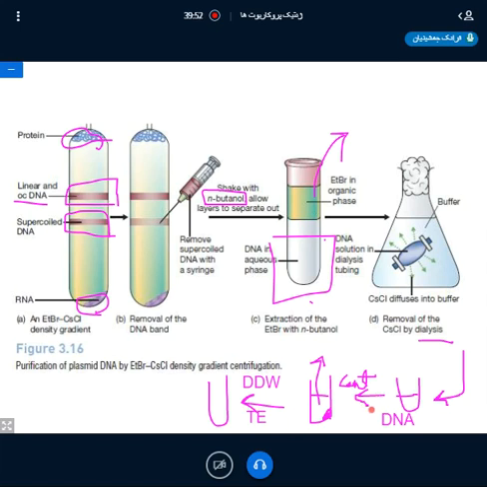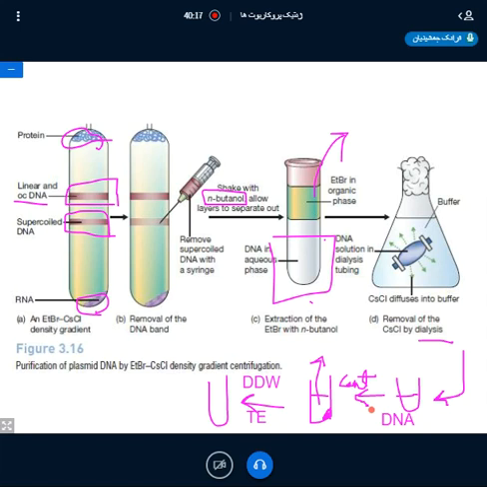Students, listen to me. Ethanol is for precipitation. Ethanol is for precipitation, and for concentration of the DNA, we add ethanol. Which type of ethanol? Absolute 100% cold ethanol to precipitate the DNA.